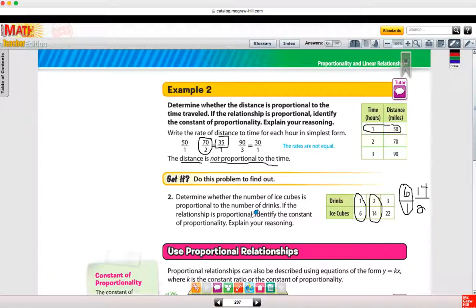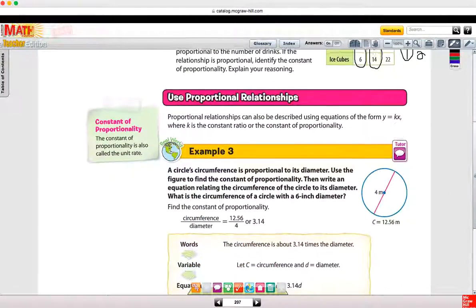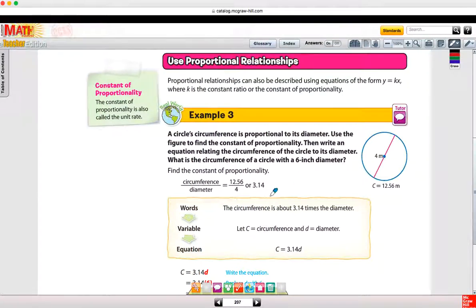And so in this case, we would also say that the number of ice cubes is not proportional to the number of drinks. Okay? And for the next part, we have some proportional relationships, and it gives us a nice example of how the circumference is related to the diameter, which is about 3.14, or as we know it, a rough approximation of pi that we use.